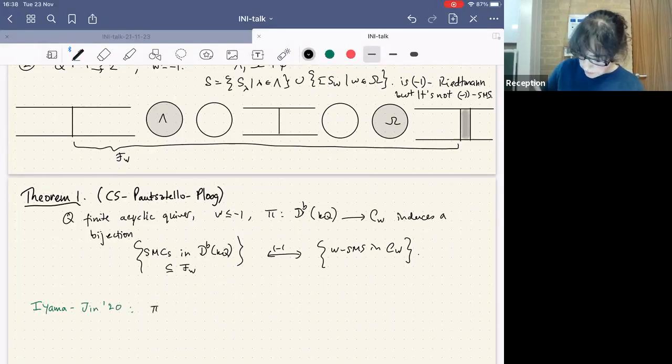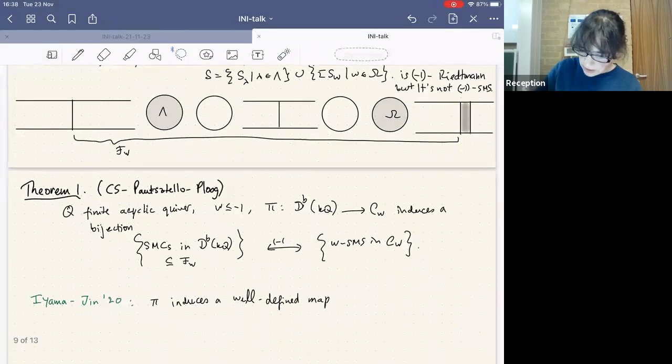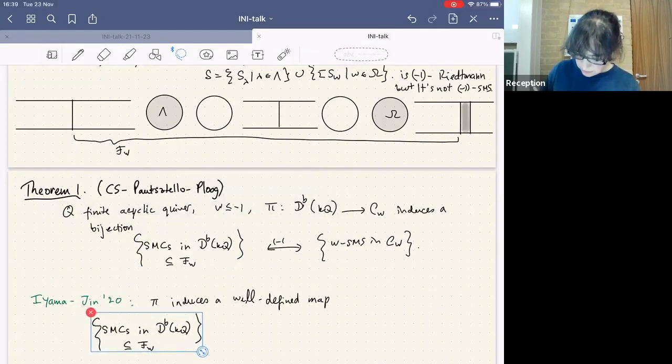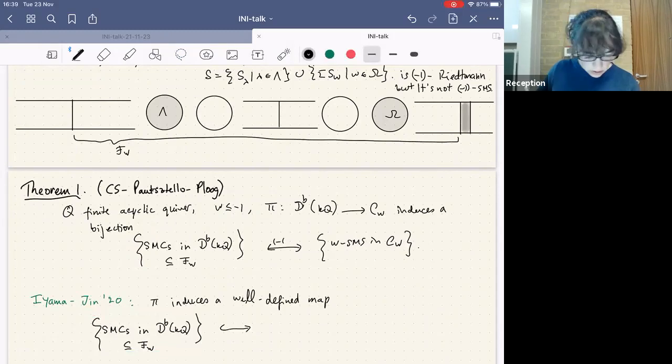They prove that this pi induces a well-defined map from the simple-minded collections in this fundamental domain to these weakly simple-minded systems, or W Riemann configurations.